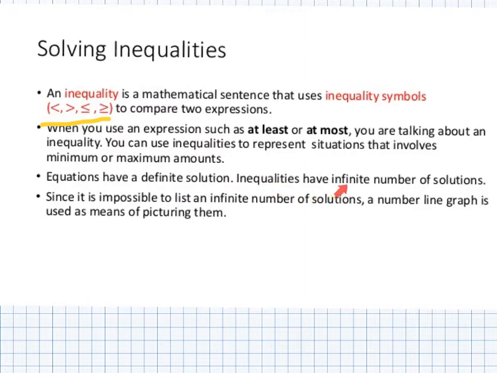Inequalities have an infinite number of solutions. An equation is going to have a specific, absolute solution. Inequalities mean that there could be a whole bunch. We're basically just saying it's at least this or at most this. Because it's impossible to list an infinite number of solutions, a number line graph is used as a way of picturing and showing that.